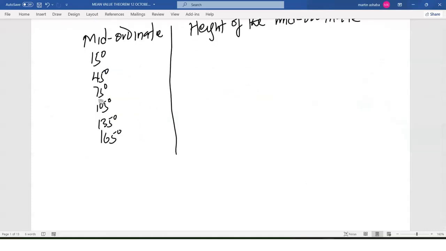So if theta is 15 degrees, I will have 10 sine 15, which gives 2.588 to 3 decimal places. Then 10 sine 45 degrees gives 7.071. Remember, this is in volts.